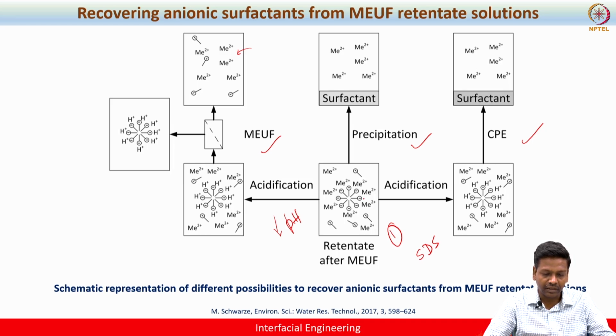The other method is based on precipitation. Here, we know the Krafft point of SDS is going to be 13 degrees Celsius, whereas the Krafft point of the entire unit, which is SDS combined with the cationic impurities, is something like 35 degrees Celsius.